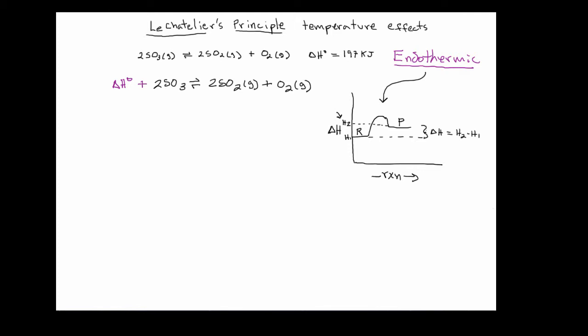Now, since the delta H for an endothermic reaction can be considered a reactant, right? If we go back and we think about what we've already learned about Le Chatelier's principle, where if we manipulate the concentration of one of these components, we can shift the reaction either left or right, depending on whether we're putting reactants into the reaction or whether we're putting products into the reaction, where the reaction is at equilibrium.